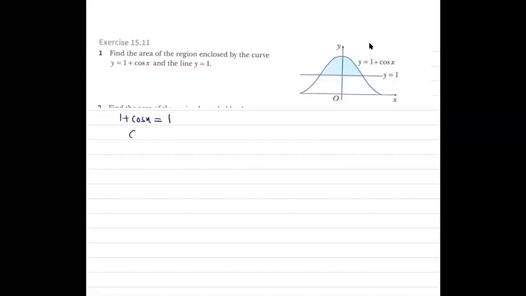So 1 plus cos x equals to 1, cos x equals to 0, x comes out to be pi by 2. Since the graph is symmetrical, this is going to be minus pi by 2.